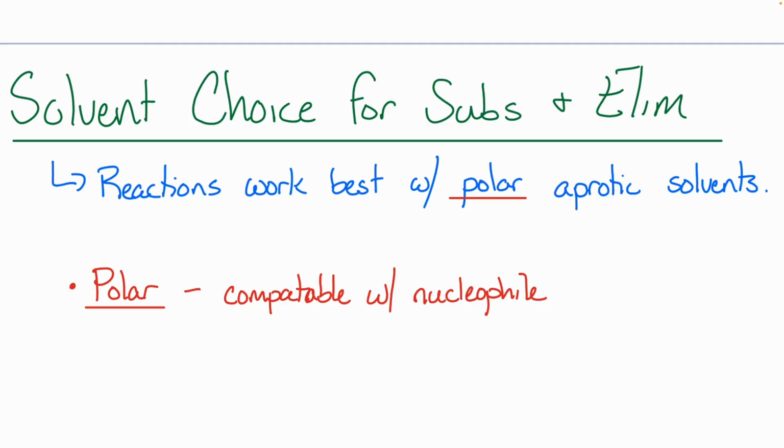But what about this second keyword here, aprotic? What does that mean? The A means not proton, but it doesn't mean that there's no hydrogens at all. It specifically means that this solvent cannot hydrogen bond.